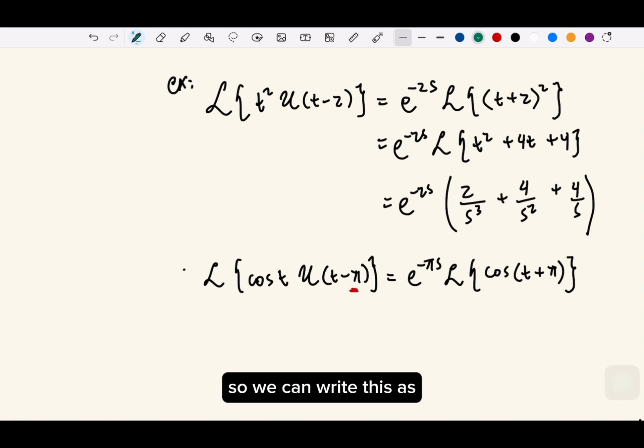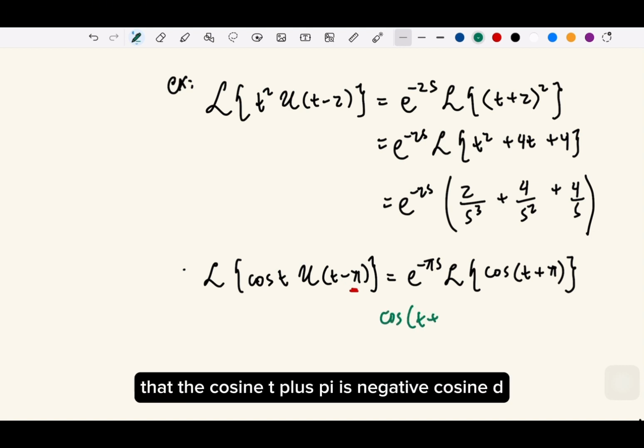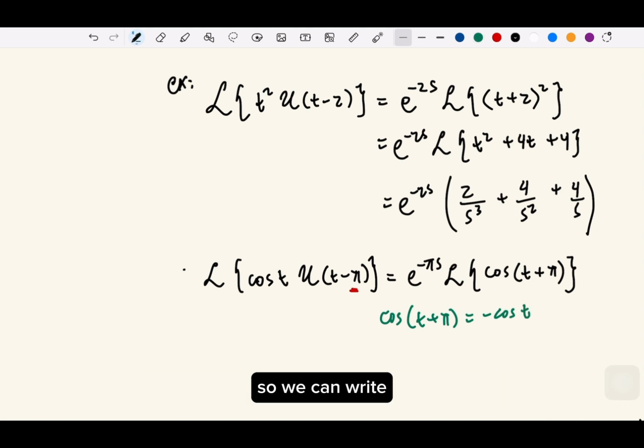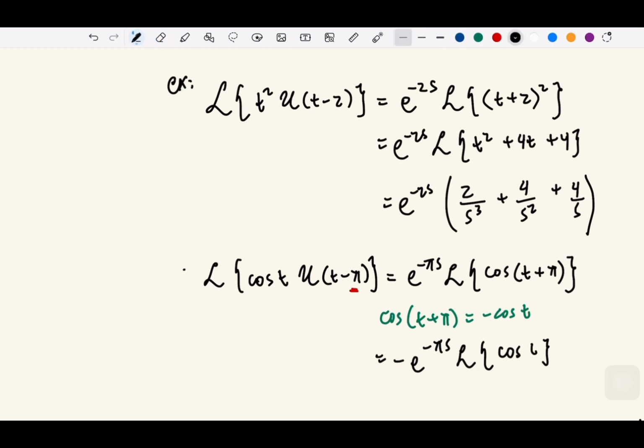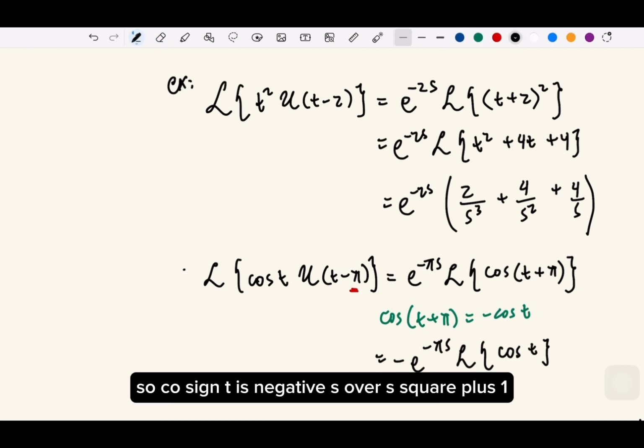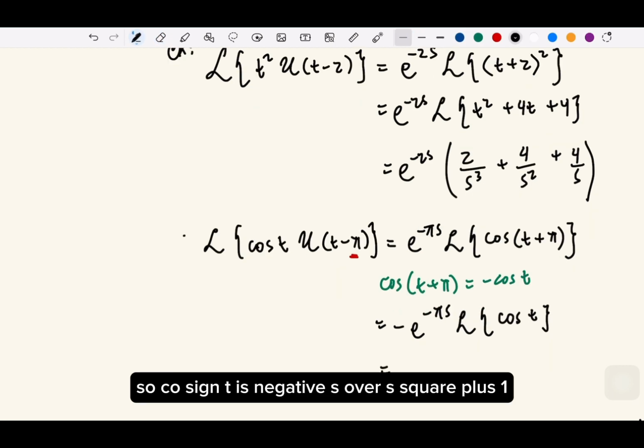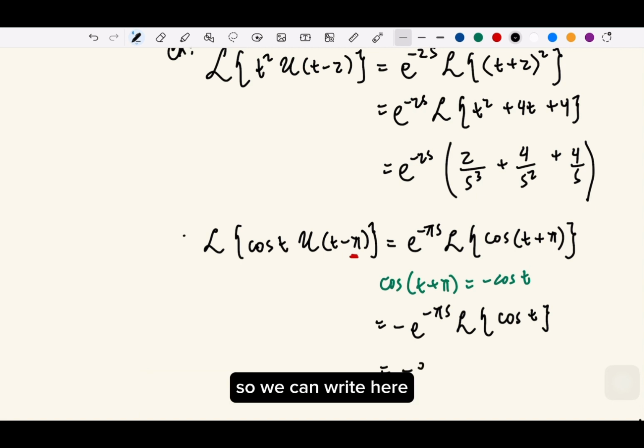So let me write here that cosine of t plus pi is negative cosine t. So this becomes negative e to the negative pi s times the Laplace of cosine t. So the Laplace of cosine t is s over s squared plus 1. So we can write here negative s over s squared plus 1.